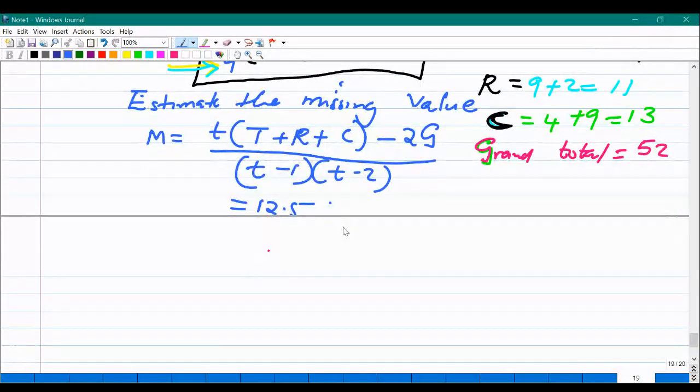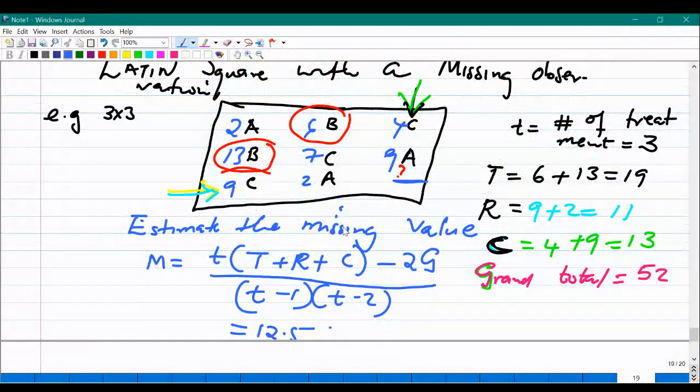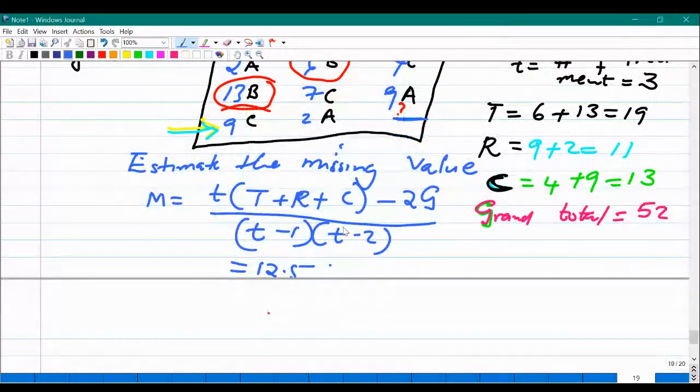So now, this is very important, you have to note it down. Our original problem was having a missing observation, right? You must get me right on this one. Your given problem was having a missing observation, which means the degrees of freedom of total will be affected.